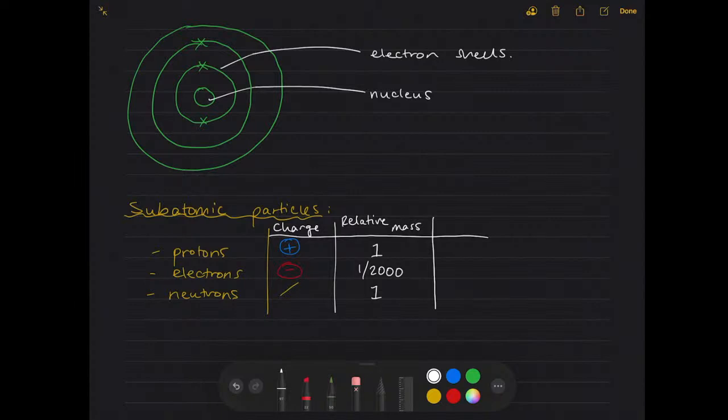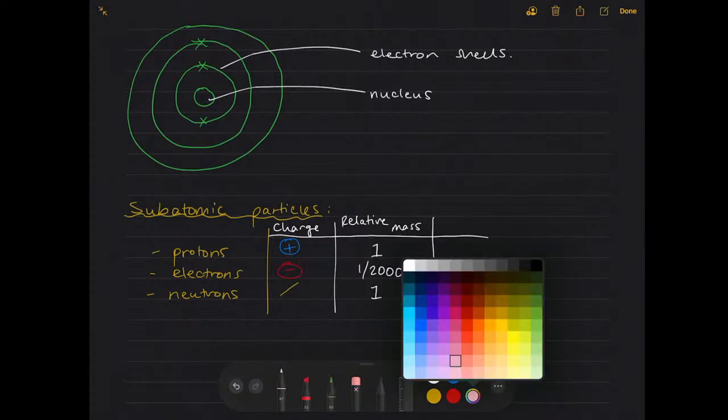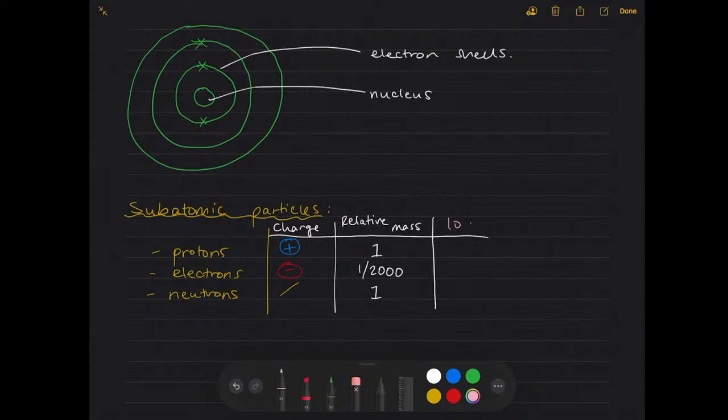They are about 2,000 times smaller in mass than a proton. Importantly, that doesn't affect the charge. One proton will still attract a single electron, and vice versa.